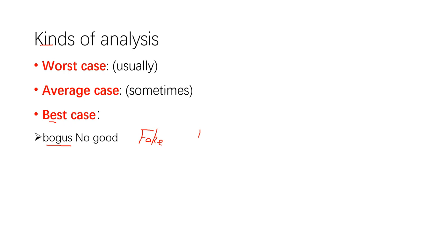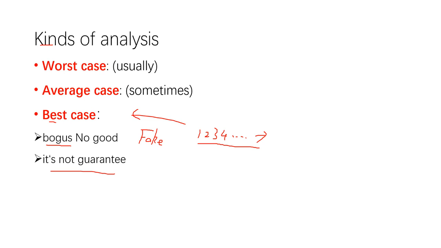For example, like the sorting problem, you're really lucky if the input is already sorted, 1, 2, 3, 4. Then you put it into the computer. That's the best case. But that may never happen in real life, right? So it's no good for us. It's not a guarantee, like the example I mentioned before.